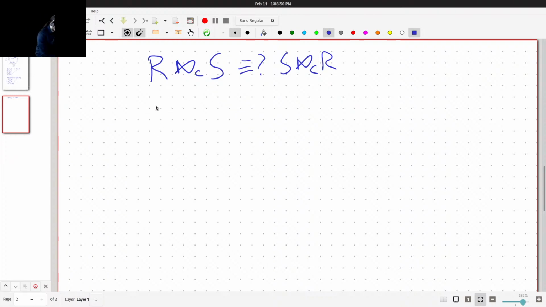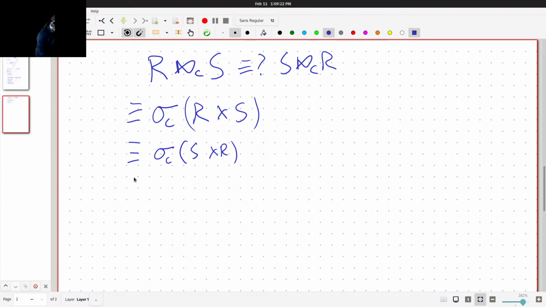So we can always take this, and this is always going to be equivalent to selection of that condition of R cross S. And now once we have that, well, great. Okay, yes, exactly. Y'all are on the ball here. So once we have that, now we have the commutativity rule for cross product, and we're good. So selection of S cross R, and then we can always convert that back to a join. S join C of R.